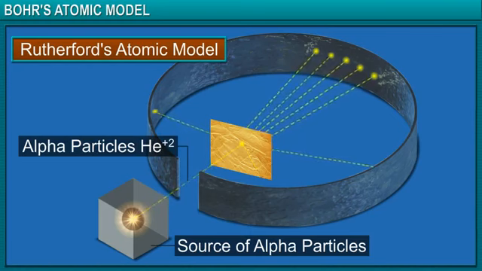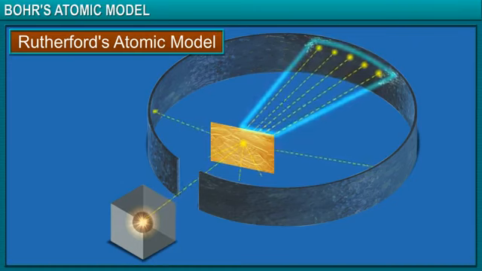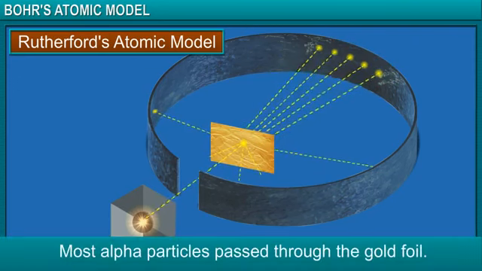The result of the experiment was unexpected, as it did not follow the structure of an atom as known to scientists at that time. Rutherford found that most of the alpha particles passed straight through the gold foil without getting deflected.